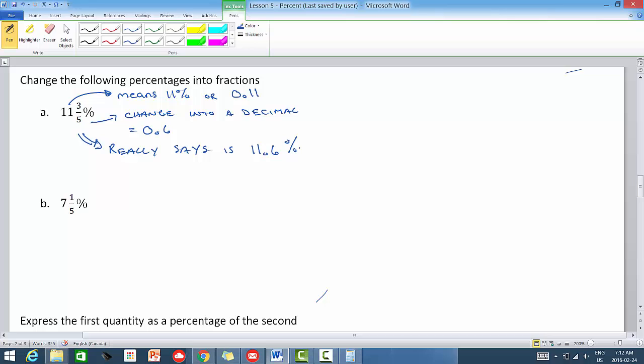Change the following percentages into fractions. We first have to change it into a number that we can work with. A percentage isn't necessarily a number that we can put over a fraction. 11.6% represents an amount of something. What we're going to do is change this into a decimal.